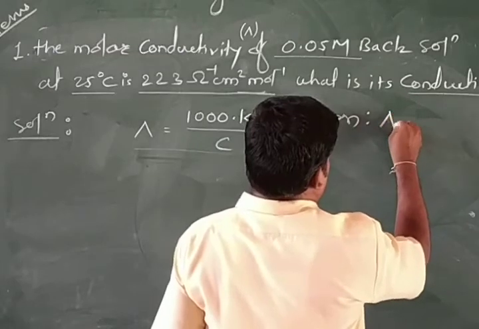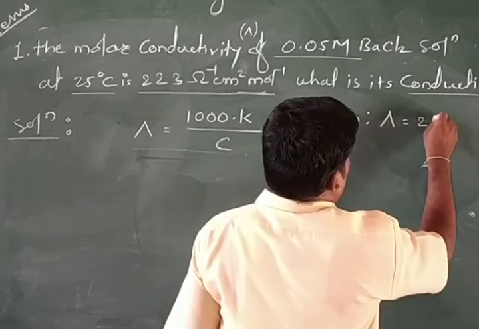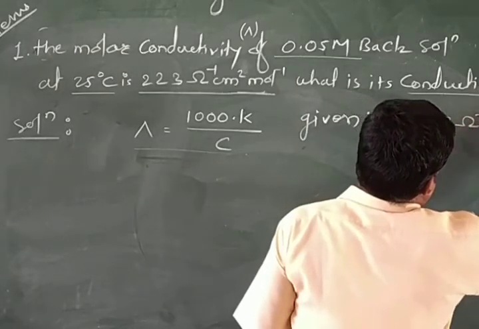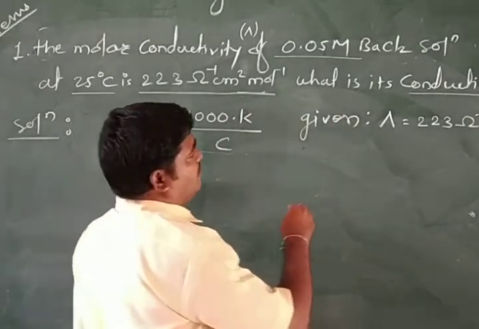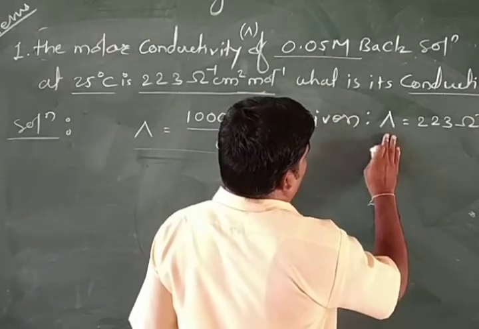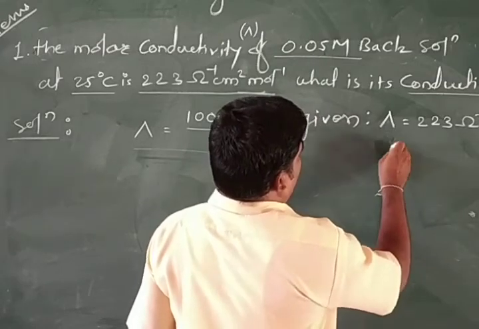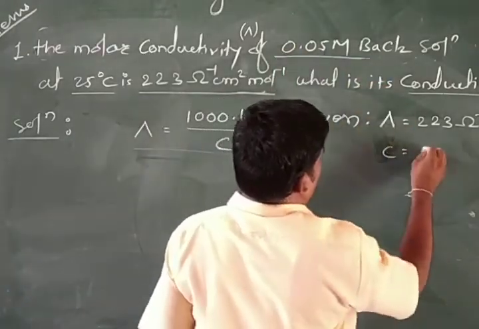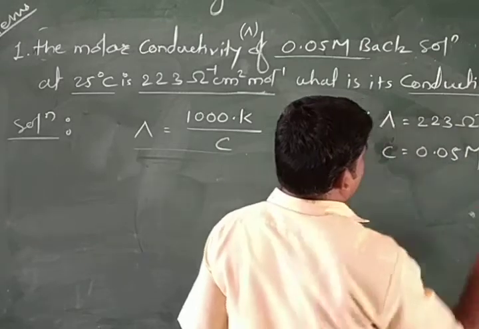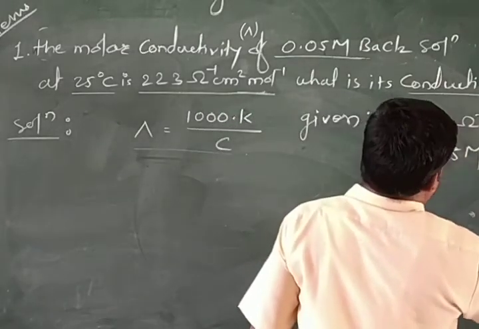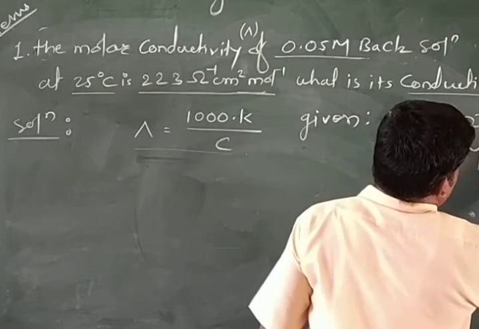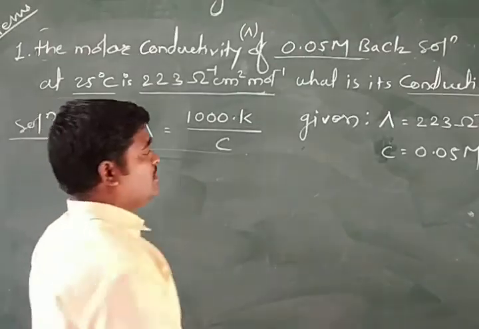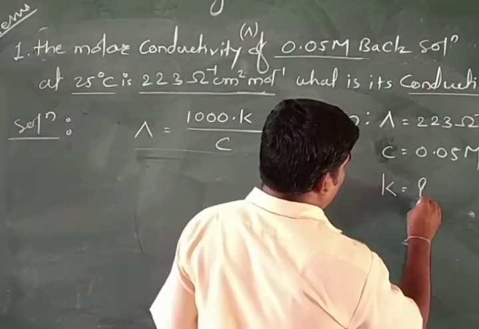The value for lambda already given is 223 ohm inverse centimeter square mole raised to -1, and what you have to calculate is K. The value of C is also provided: 0.05 molar, the concentration of the BaCl2 solution. So all these are the given quantities.